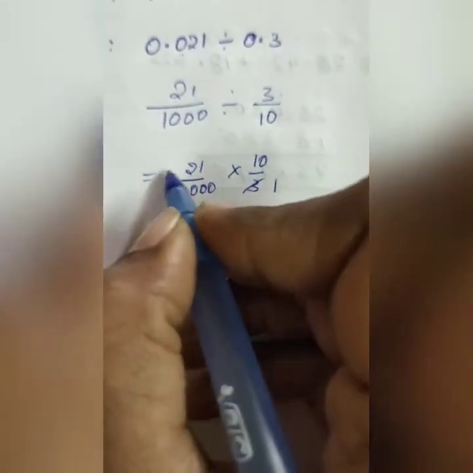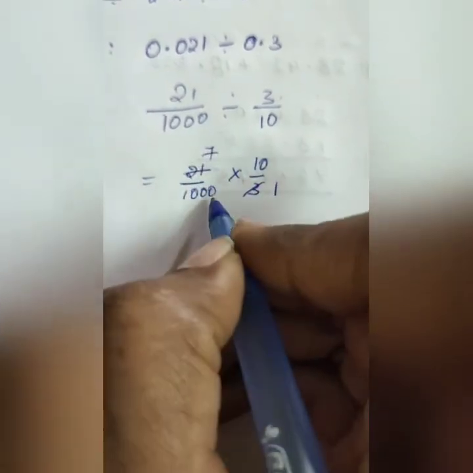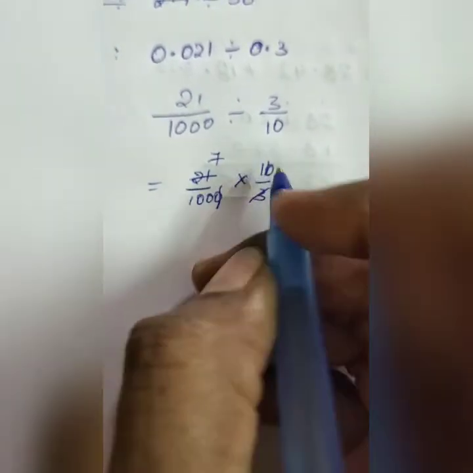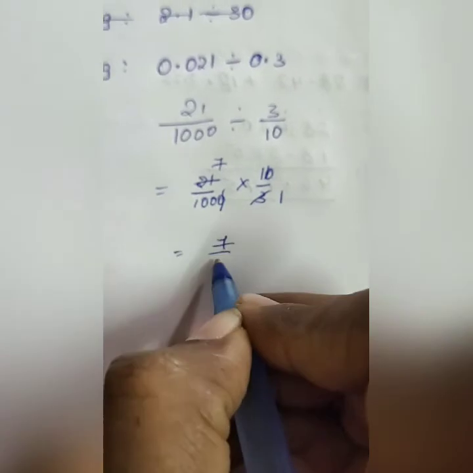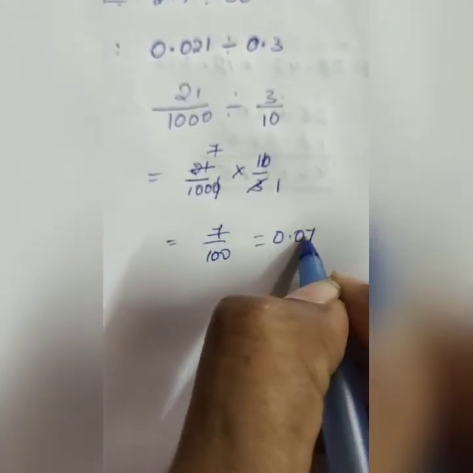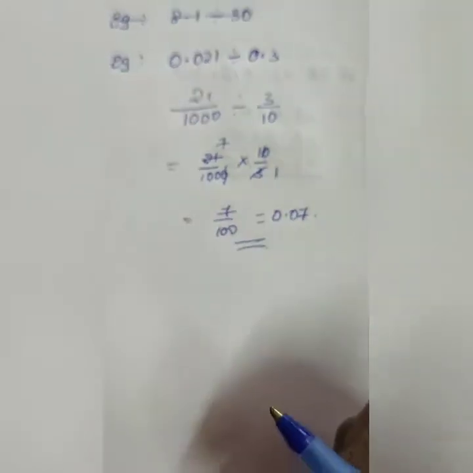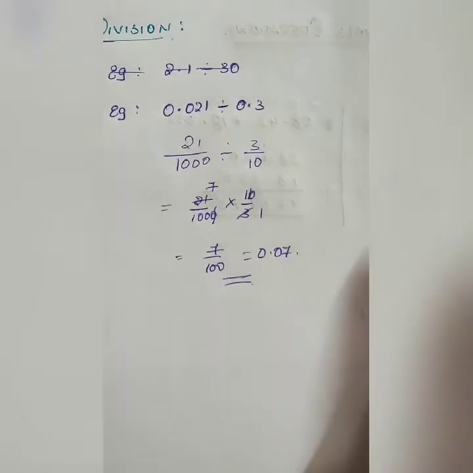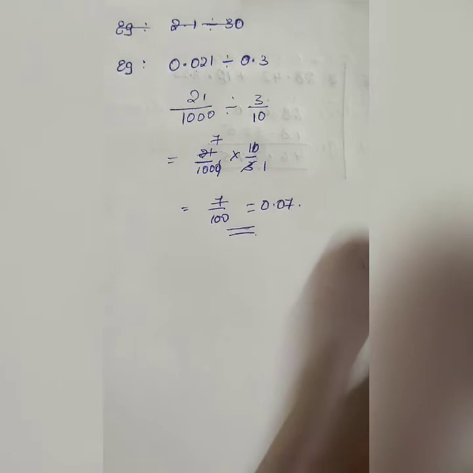So 3 ones are 3, 3 sevens are 21, 0, 0 can be cancelled, that is 7 by 100. 7 by 100 is nothing but 0.07. Okay, this is the way you have to do the decimal divisions.